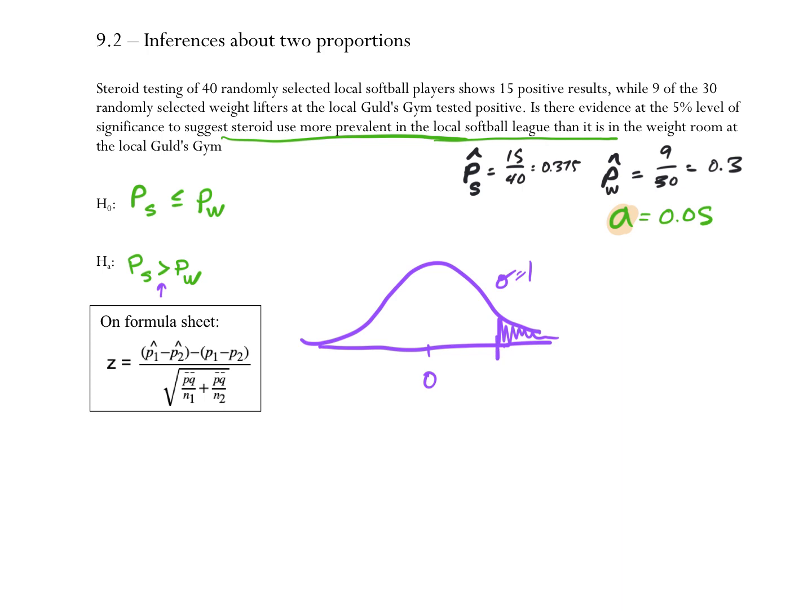And what do I know about that area? 0.05. And what are we getting? I can guess that it's 1.645. Okay.